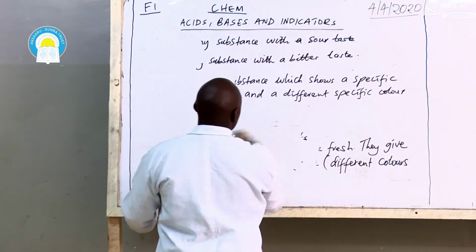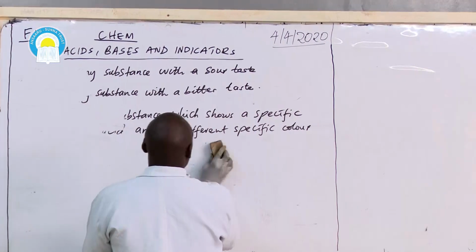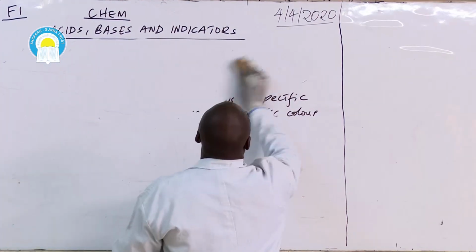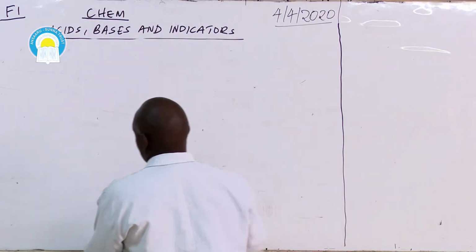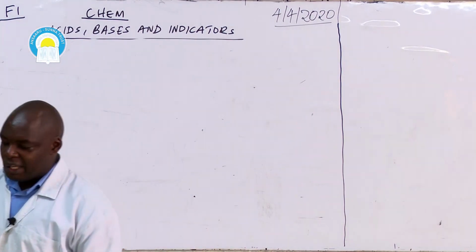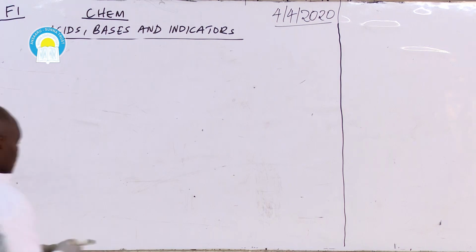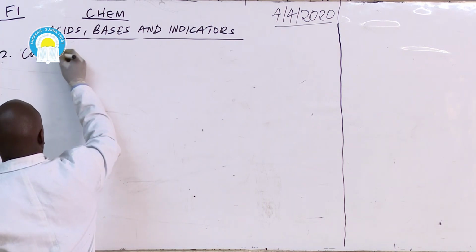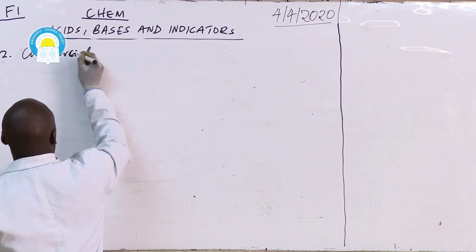So, for consistency, we have indicators which we call commercial indicators. There are so many types of commercial indicators, but we are only going to deal with 3 commercial indicators. So number 2 is commercial indicators.